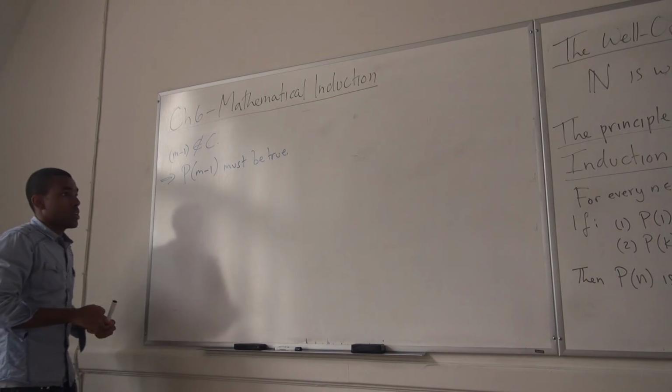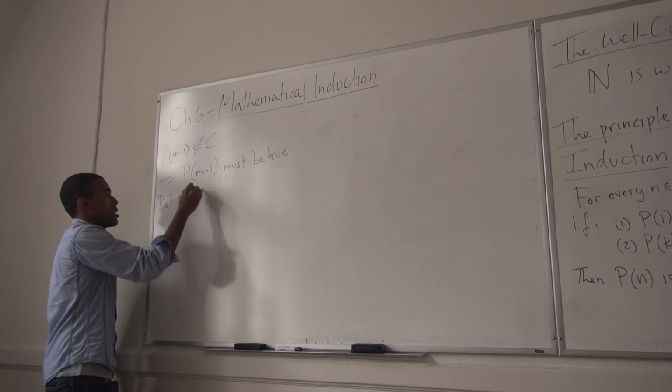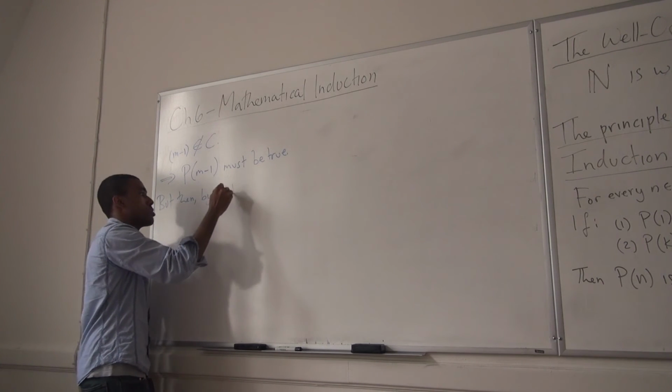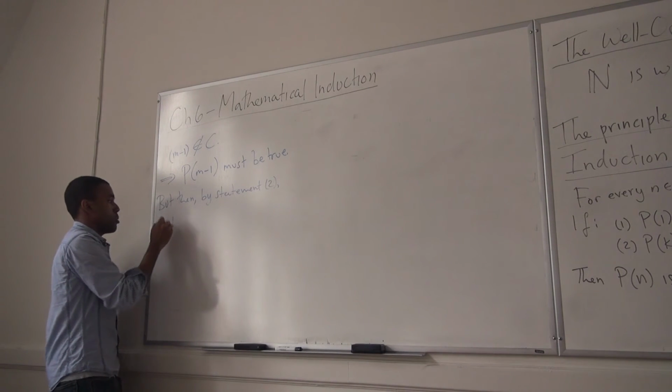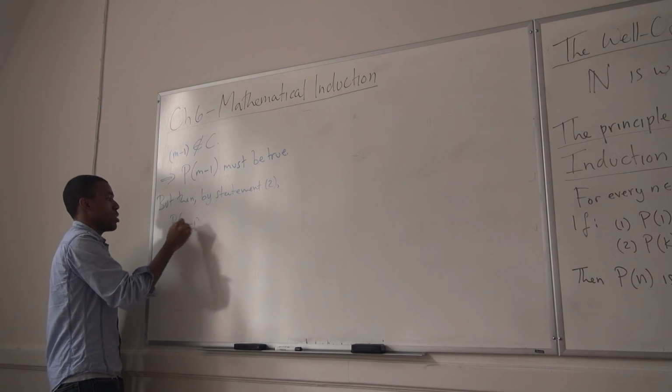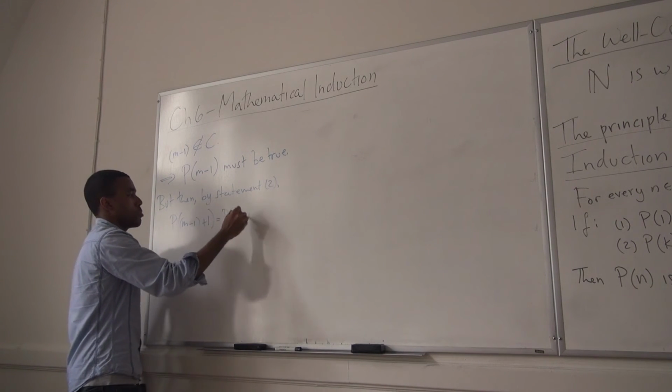And then wait a second. But then, by statement 2, P of n minus 1 plus 1, which is P of n, must also be true.